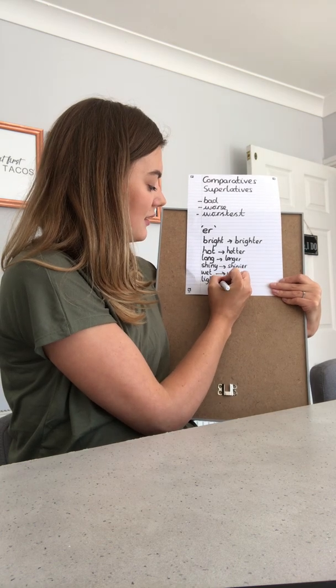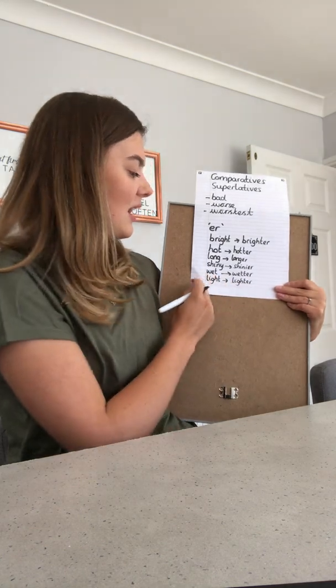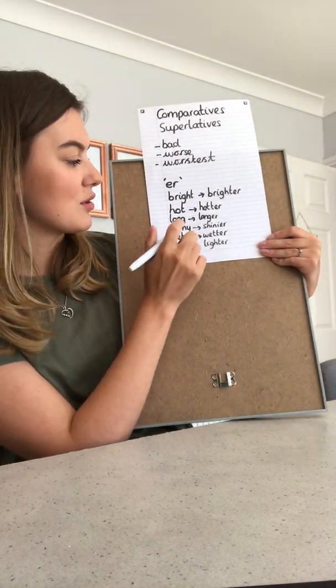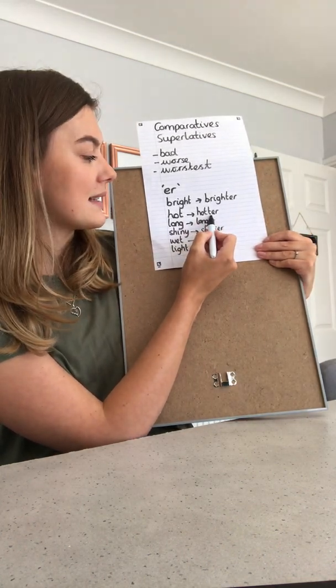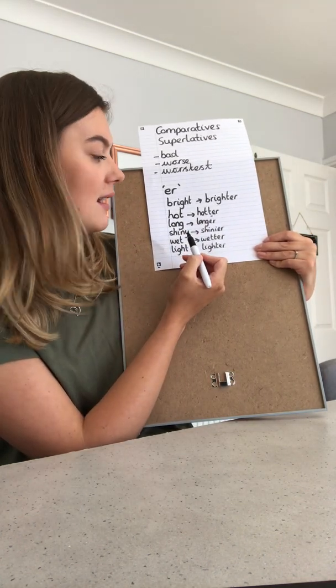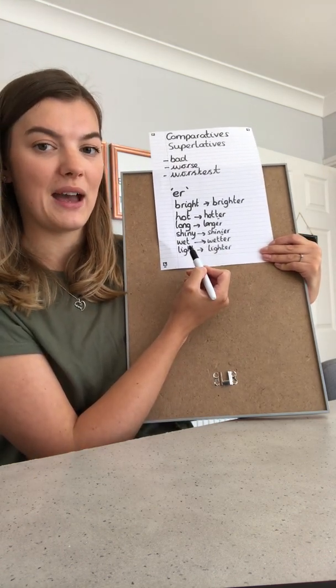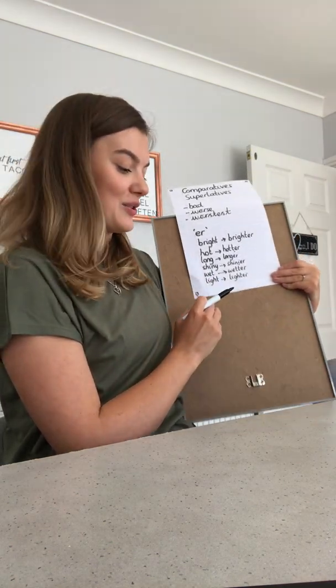And light becomes lighter. Now you can see that there are some exceptions to the rule. Sometimes you have to double your last letter before you add your suffix er. Sometimes you have to change the y to an i before you add er. So hopefully you got all of those correct.